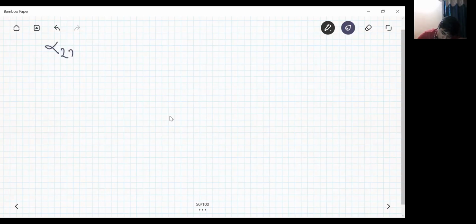So alpha 2 2 is equal to minus 1 to the power 2 plus 2 into M22.